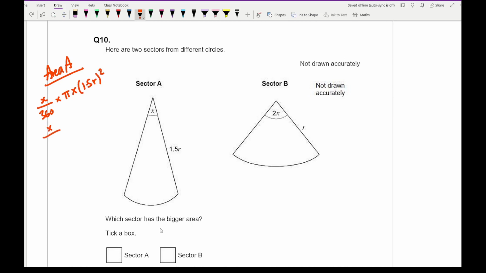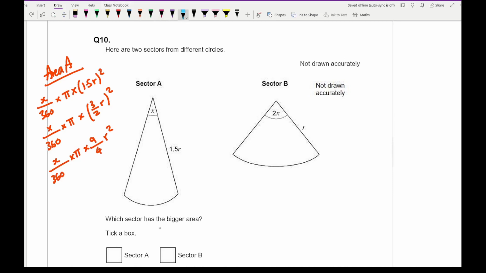Now, as this is non-calculator, what I'd recommend is that you convert the 1.5 into a fraction. So it's 3 over 2 r, which gives me x over 360 times pi times 9 over 4 r squared. Now from this, what I then want to do is simplify.